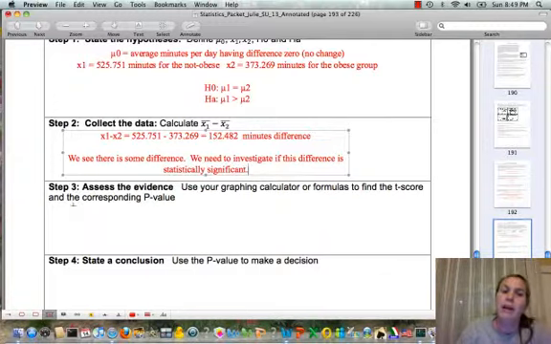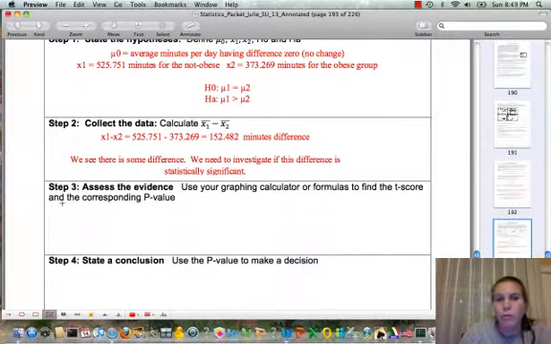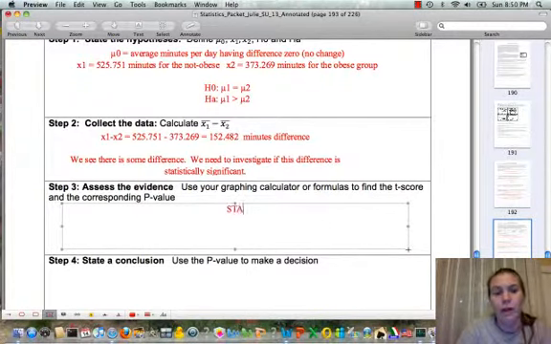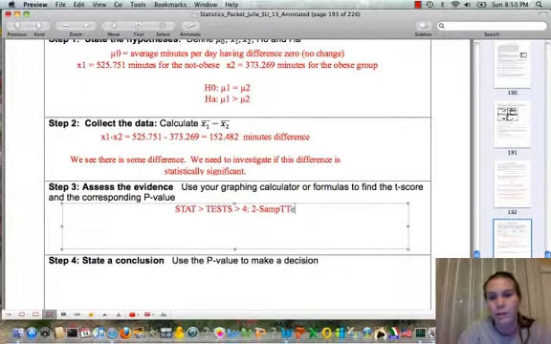Okay, so step 3 asks us to use our graphing calculator or formulas to find the t-score and the corresponding p-value. So on your calculator, you're going to go stat, and then you're going to go into tests, and then you're going to choose choice 4, the 2-sample t-test.